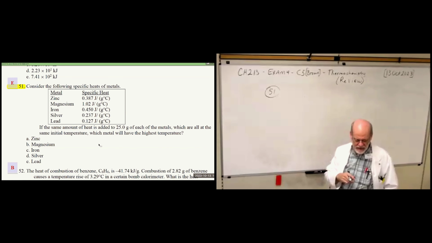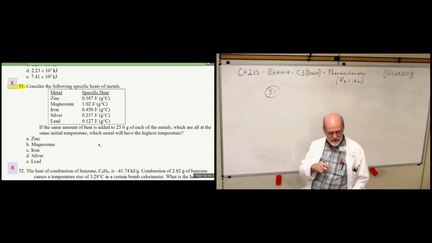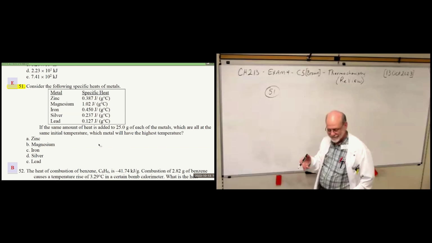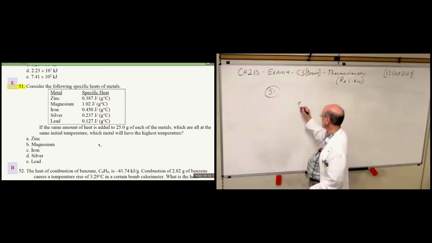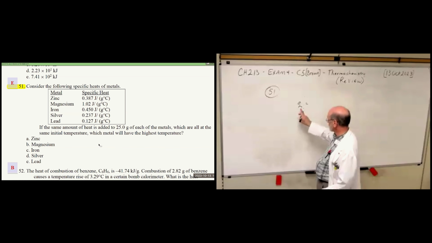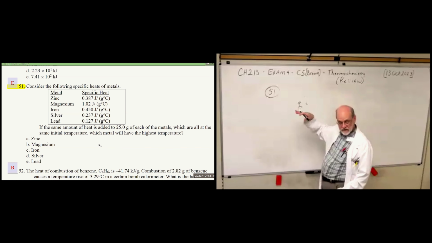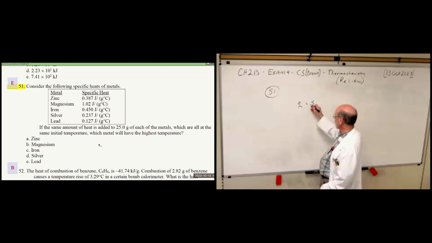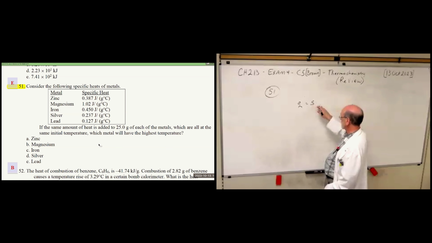Consider the following specific heats of metals. If the same amount of heat is added to 25 grams of each of the metals, which are all at the same initial temperature, which metal will have the highest temperature? All right, so if we go back to here, and it said the same amount of heat, so that one's constant for each of the metals. This one, of course, is different for each metal.